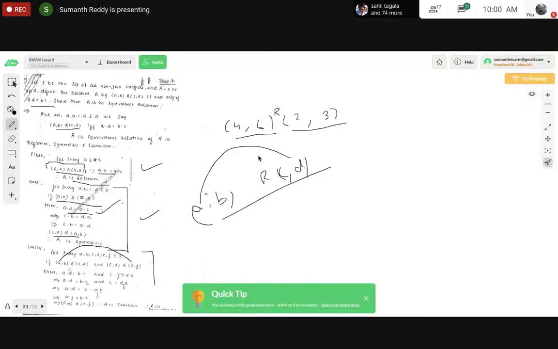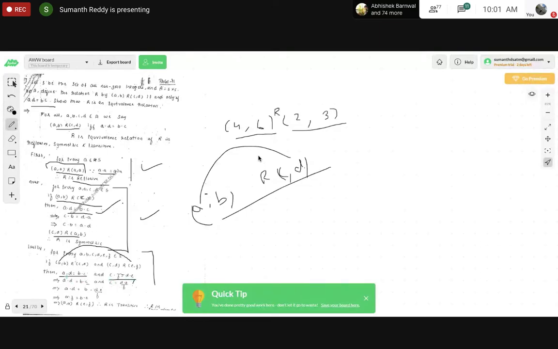Before that, based on the relation, now I can write this as a into d is equal to b into c. Correct, right? And similarly, this one can be written as c into f is equal to d into e. Now what I will do is send this f to the RHS, so it will be c is equal to d into e divided by f. Okay, so why have I done it like this?